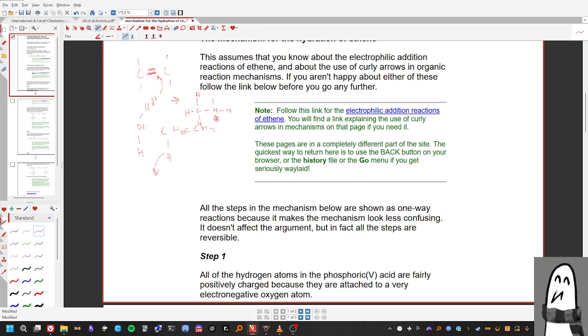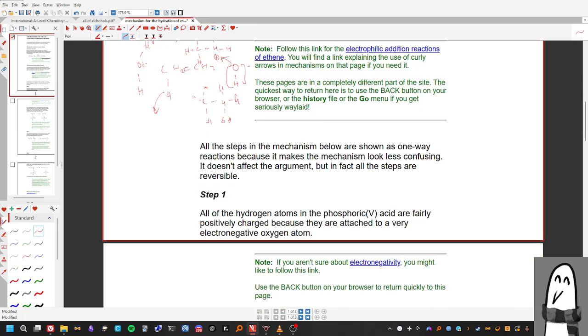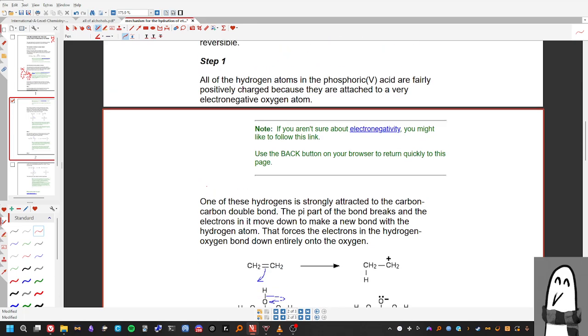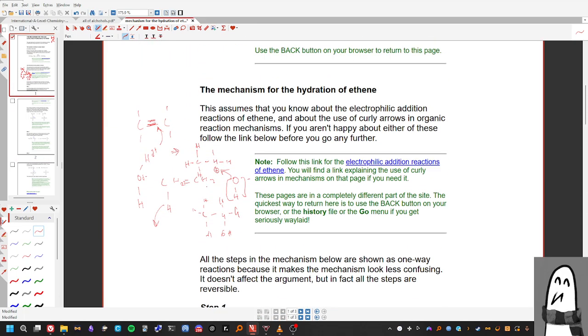This is gonna be your plus, and you're gonna have the remaining O negative H. This is gonna be a negative thing. This goes over here, and then you have OH, H, and then H, something like that. So all the steps in the mechanism are shown in one-way reactions because it makes the mechanism look less confusing. So you just need to remember that these are electrophilic additions, okay?